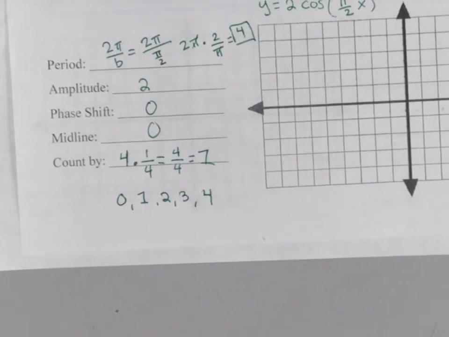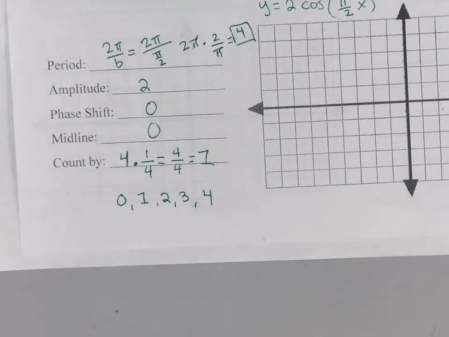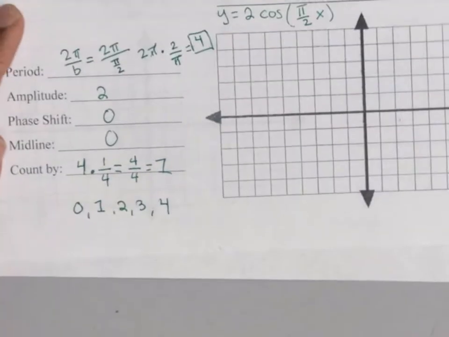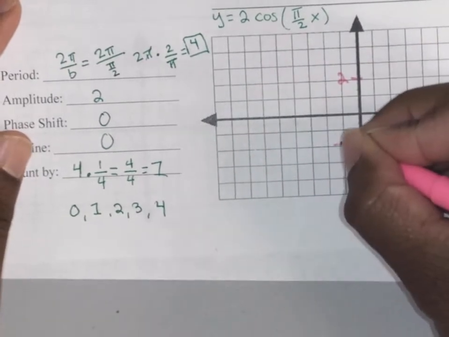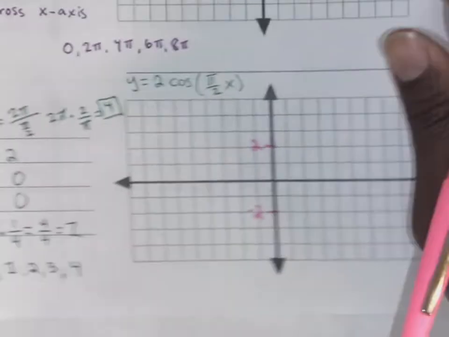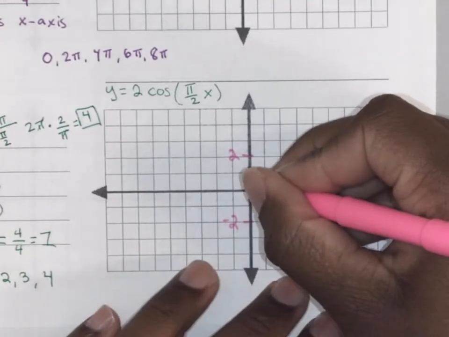All right, check some real quick. All right, amplitude's 2. Do my first 4 points.